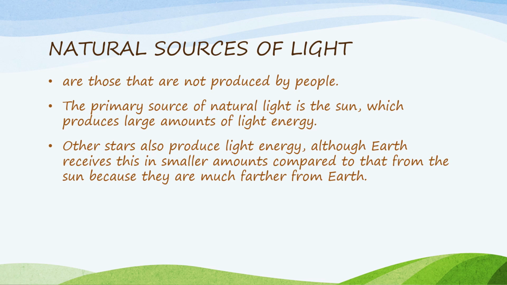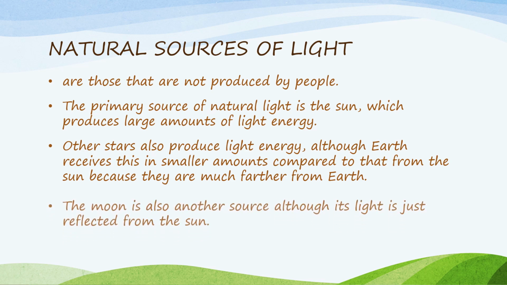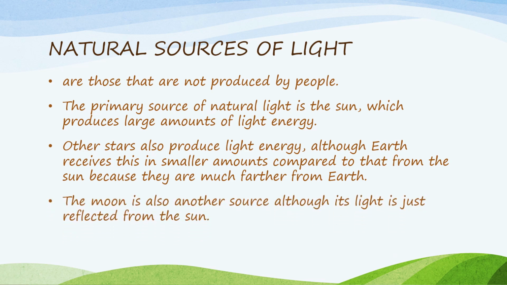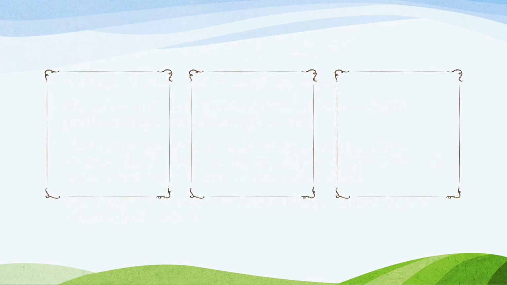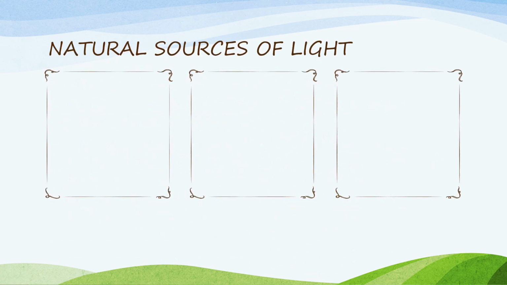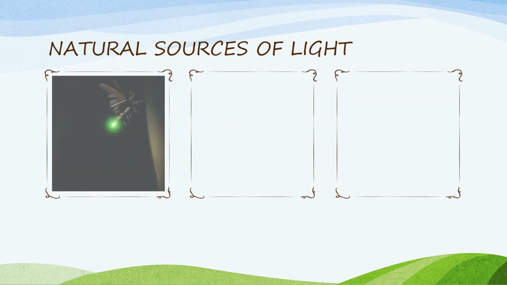Hindi katulad ng sun, mas malaki yung naibibigay niyang light sa atin. Next, the moon is also another source, although its light is just reflected from the sun. So these are the examples of natural sources of light.